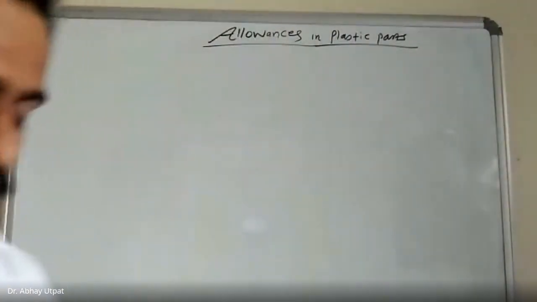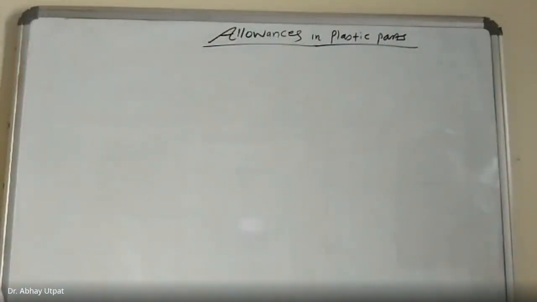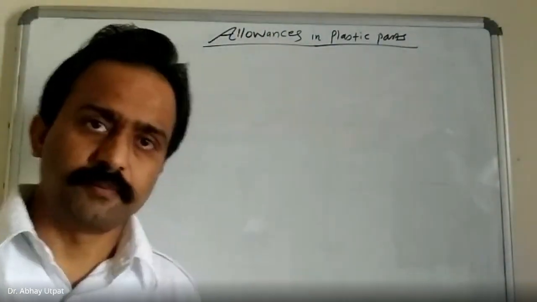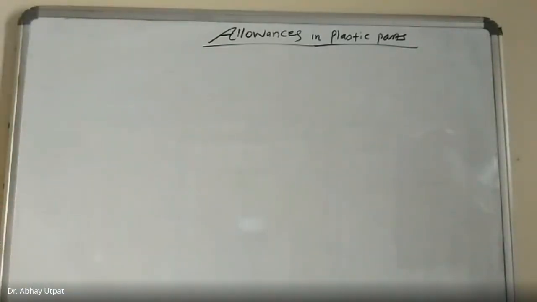So good afternoon once again. Today we are going to study the next parameter in the plastic part design, and that is allowances in the plastic part. We have covered the concept of tolerances in the previous lecture.